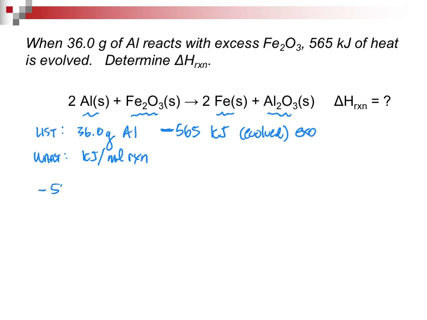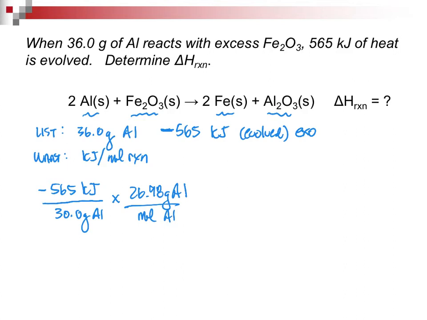I will say minus 565 kilojoules, and I obtain them using 30 grams of aluminum. What I will do next is I will say that there are 26.98 grams of aluminum for every mole of aluminum. This is just a gram to mole calculation where we use molecular weight. Then what I'm going to do is use the stoichiometry of the equation.